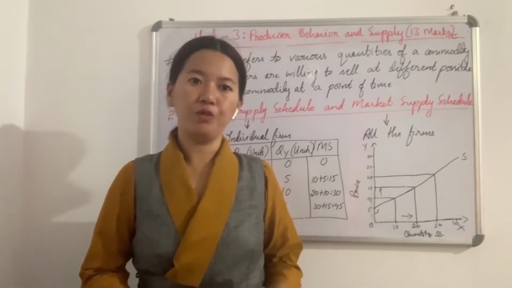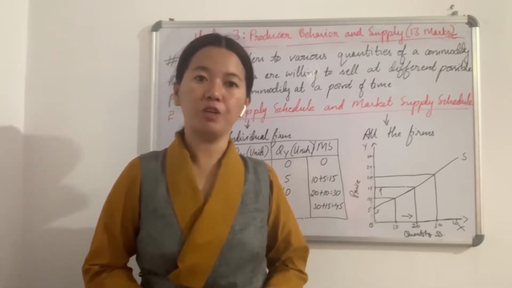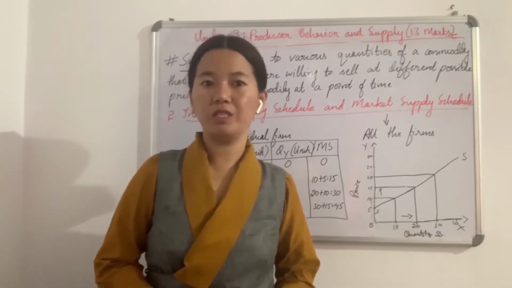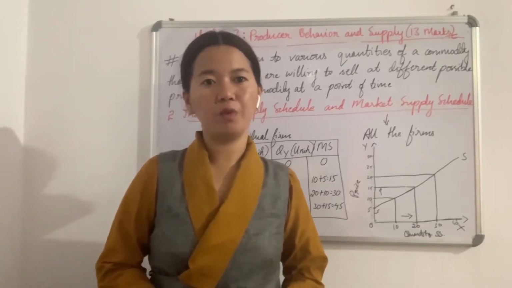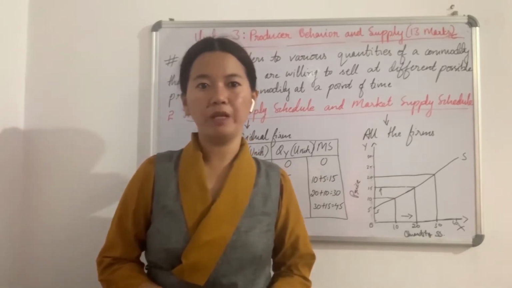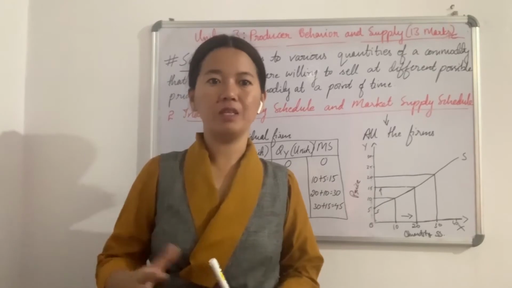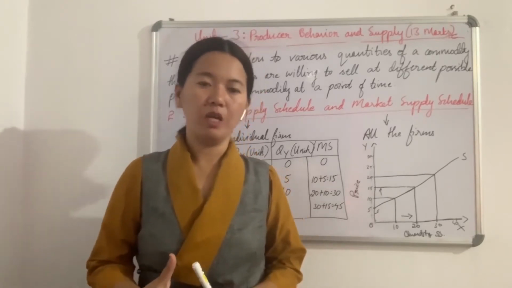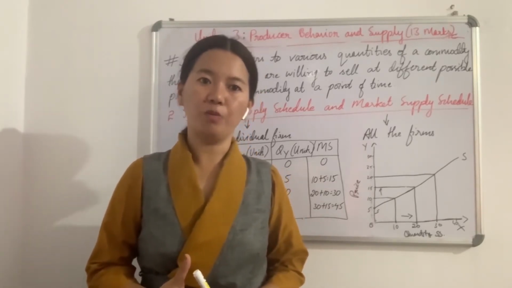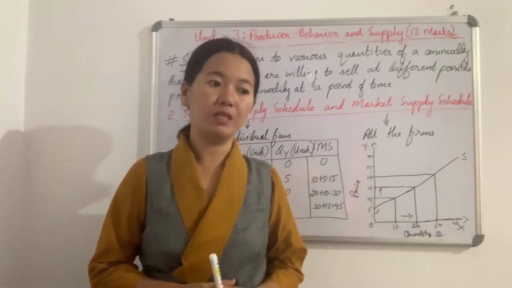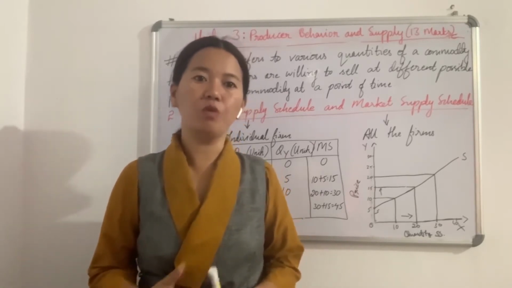If I ask a producer or a firm how much of his commodity he is willing to sell in the market, then his reply would definitely be that it would depend upon the price. According to the changes in price, his supply would definitely change. If the price of a commodity increases, then the supply of the producer will definitely increase as he will get more profit.